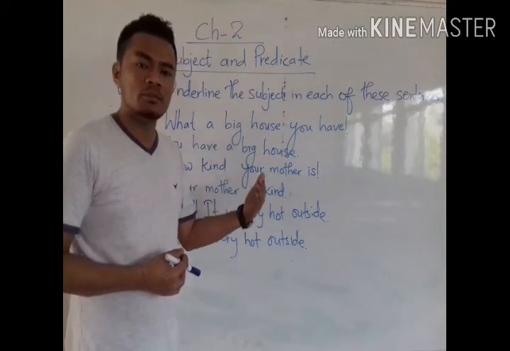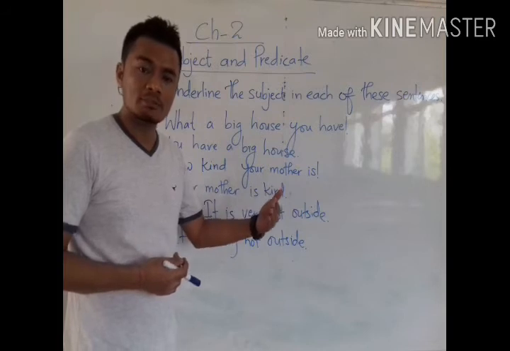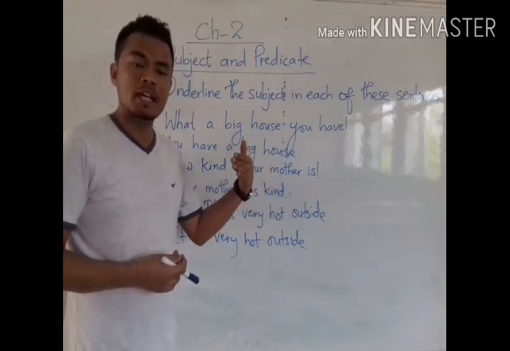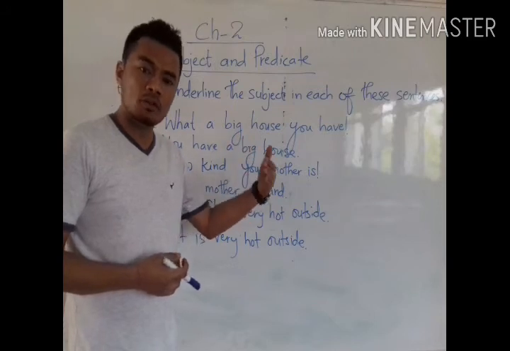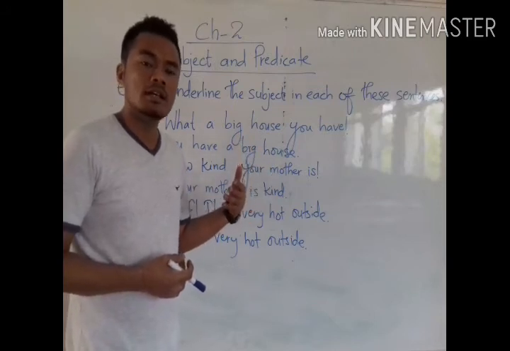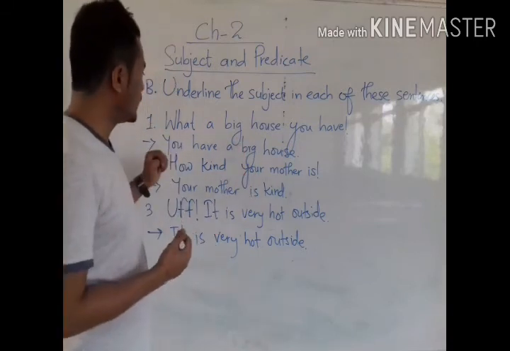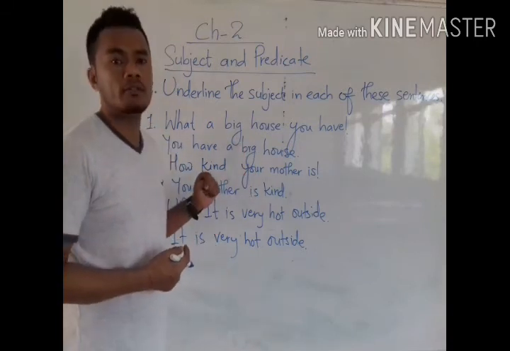Exclamatory sentences end with verbs, which may be helping verbs or main verbs, but before those verbs we use the subject. Like we have here, what a big house you have.